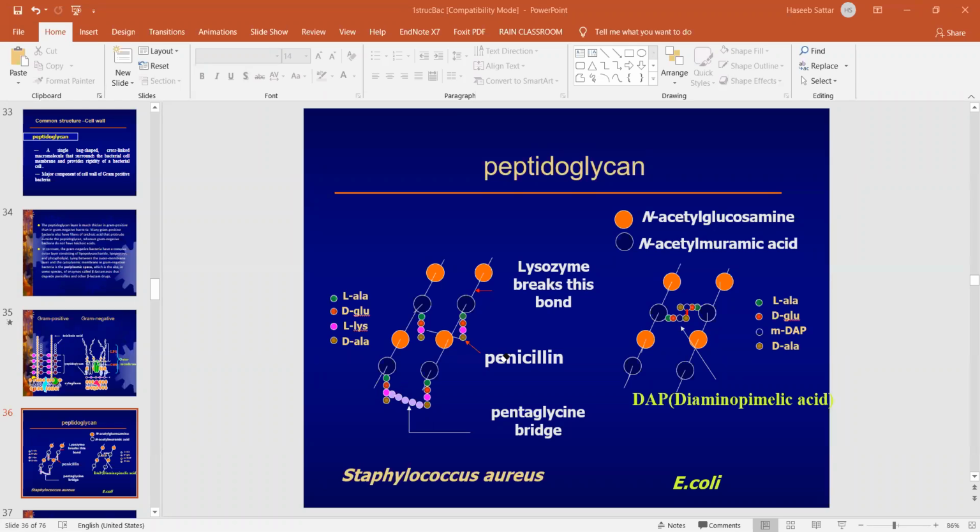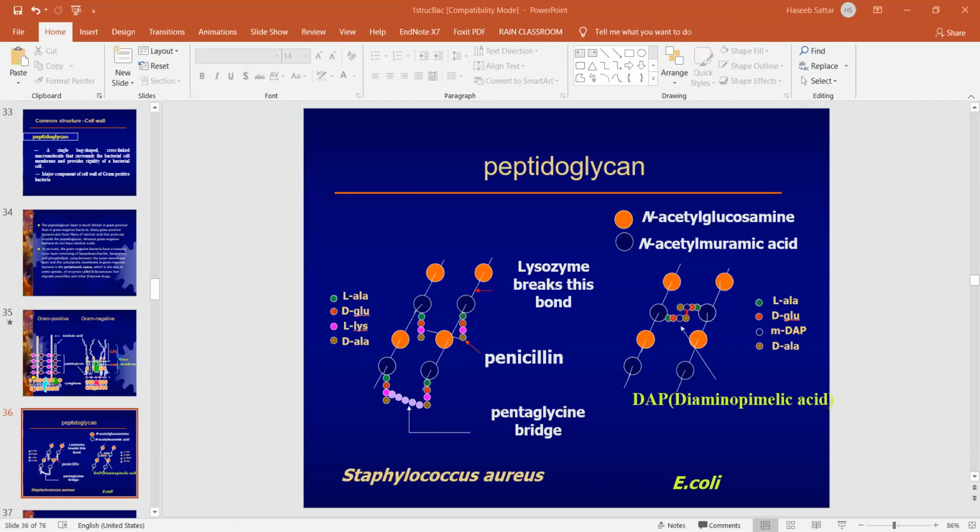So in nature, the levorotatory or L form of amino acids is abundant. So this D-alanine is also a rare form of amino acid, and it is also unique to bacterial cell wall. Okay, so that's why I mentioned these two things: DAP and D-alanine.